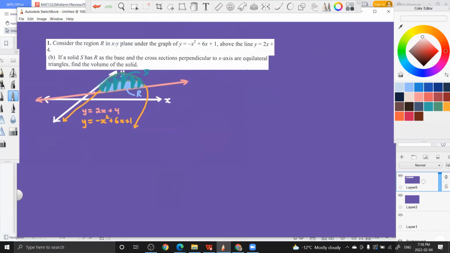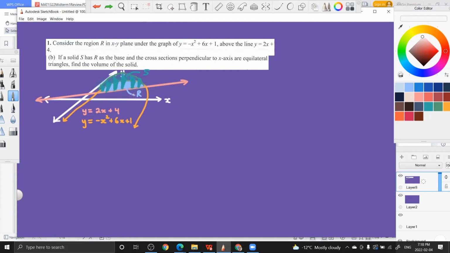This means that when you draw the two graphs, the two functions that we just did in the previous question, there will be equilateral triangles sticking out of it. You see that's a triangle, and it's going to go from here to here. As we go from the left to the right, the triangle gets bigger, and bigger, and then here it starts to get smaller.